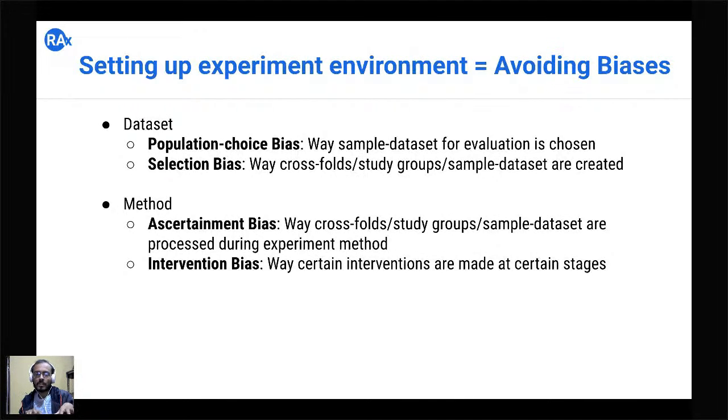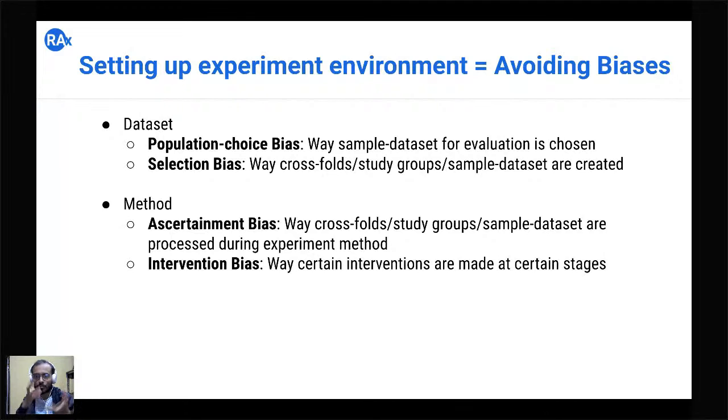So in statistics and machine learning, we do cross-folds. In other fields, we do study groups and sample data sets, and selection bias can also happen there, because the way you are creating the cross-folds or study groups or sample data sets is itself biased.